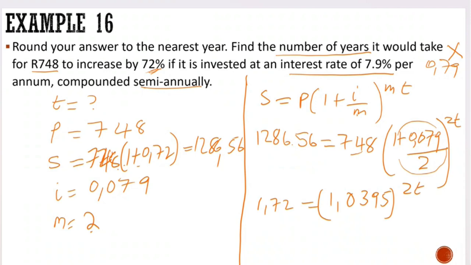You apply the logs. The logs are saying your t is going to be equal to log 1,72 divided by log of 1,0395. I'm not going to finish off the answer. This thing is a repetition, it is repeating itself.